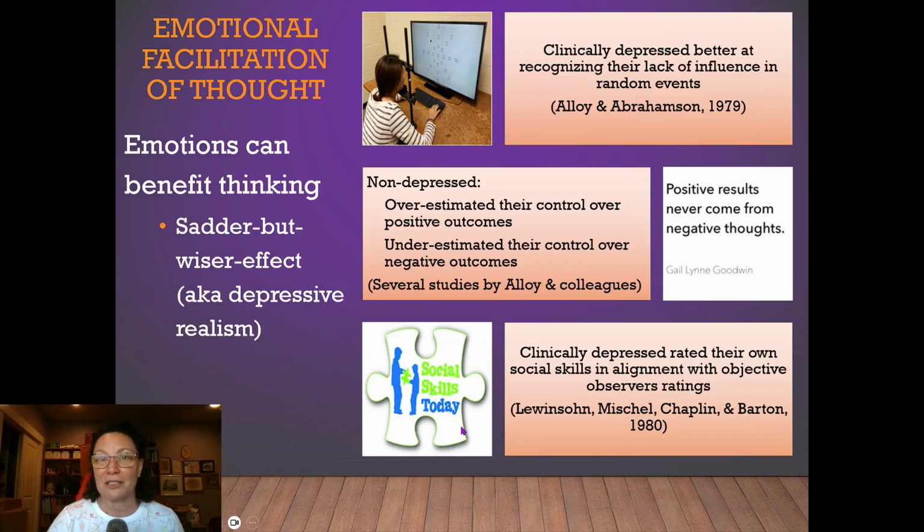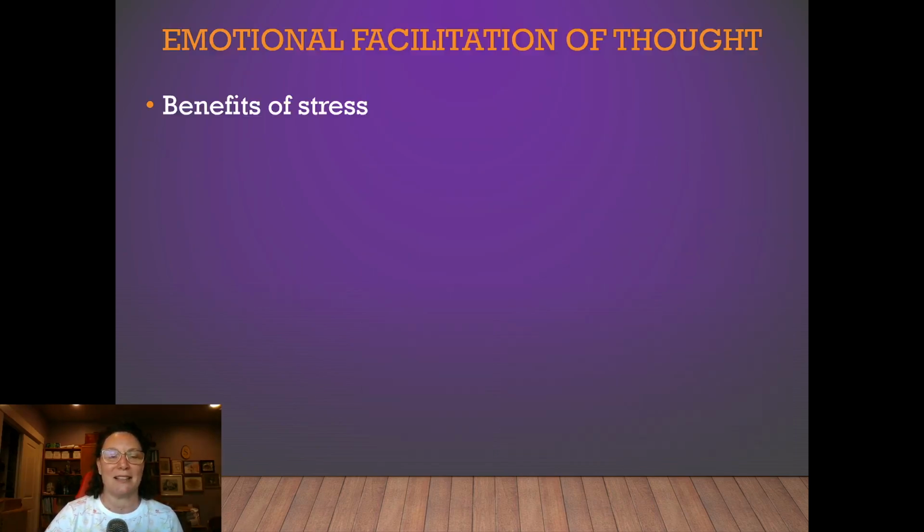I think personally that the self-serving bias helps to prevent depression, because if we were to accurately look at ourselves and recognize all the times that we are not living up to our expectations, we may feel bad. We may move into more depressive-like thoughts and behaviors. So clinically depressed people are more accurate in their self-assessments than non-depressed people are.